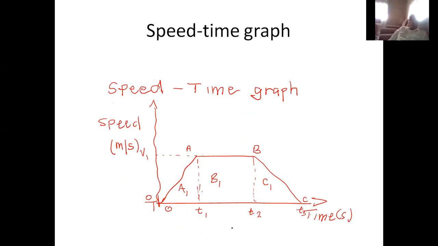This is for the time when the object was decelerating. So basically, this is the concept which learners should know, which is very basic on how to calculate the distance covered from one point to another using a speed time graph.